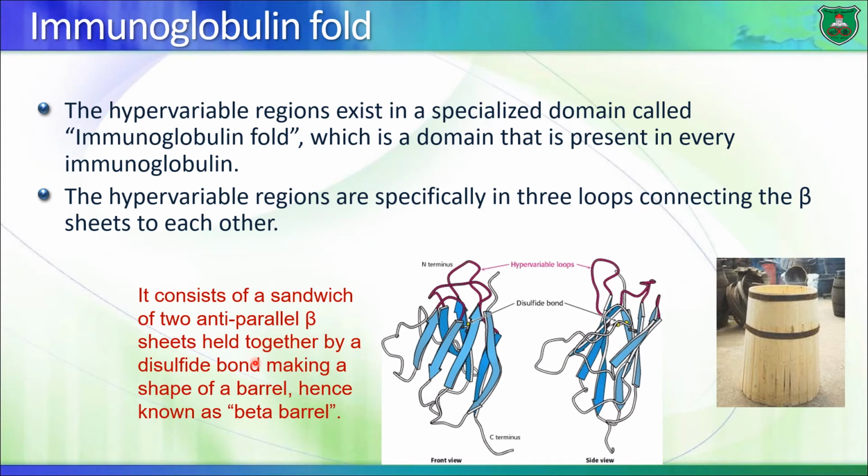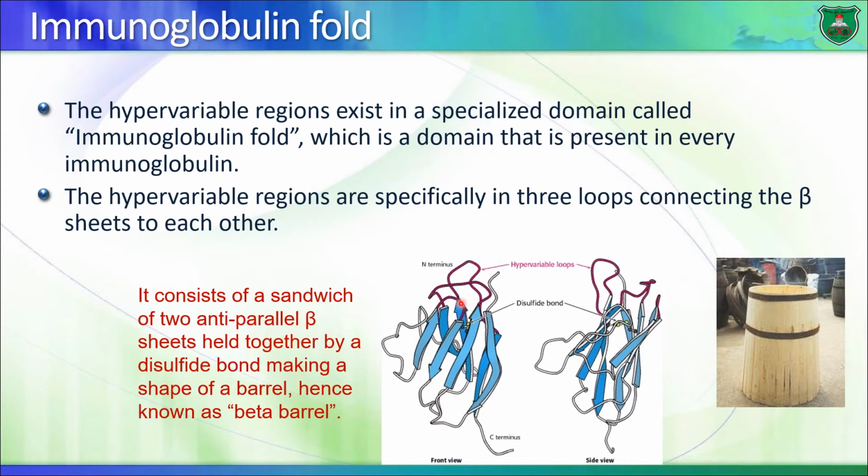If we look at this hypervariable region even further, all we're doing here is zooming into the variable region, particularly the hypervariable region, and now we're looking a bit further, zooming into this structure. The hypervariable region actually exists as a loop.